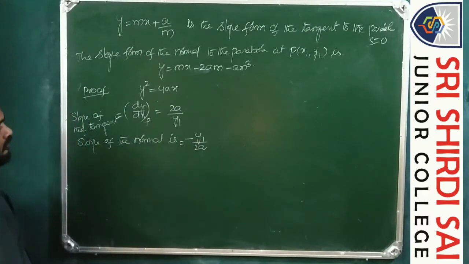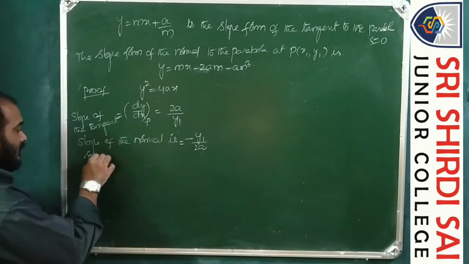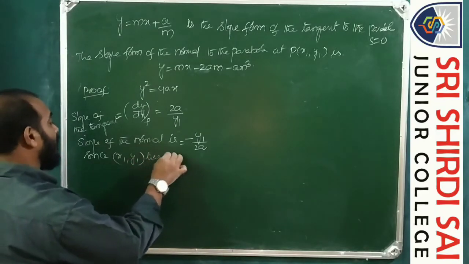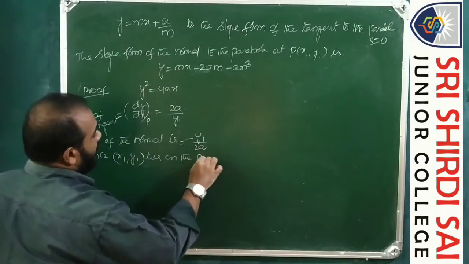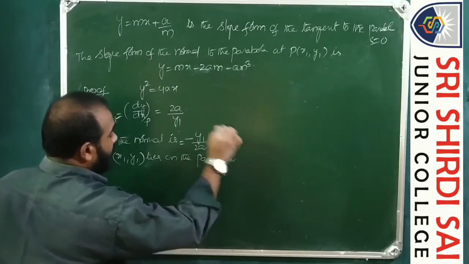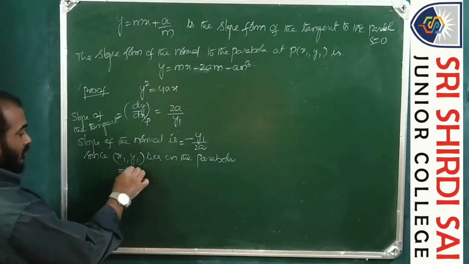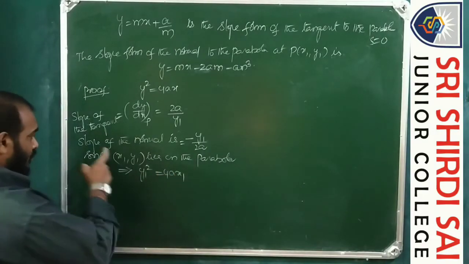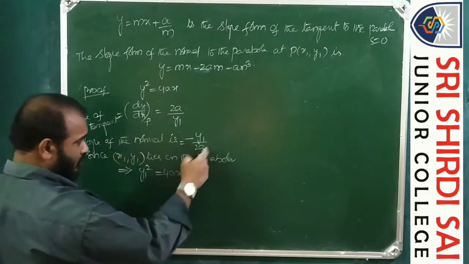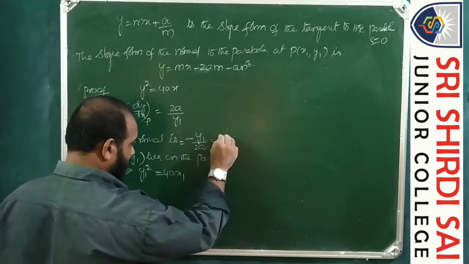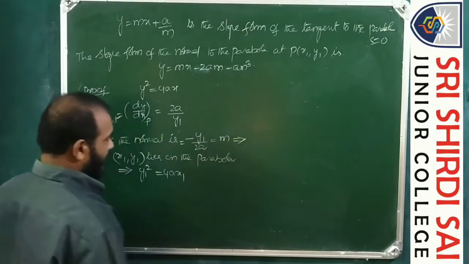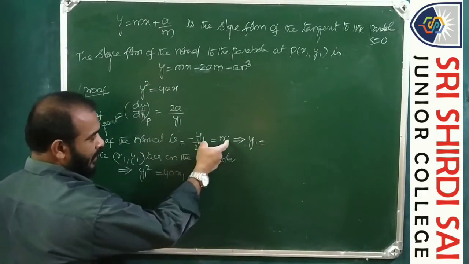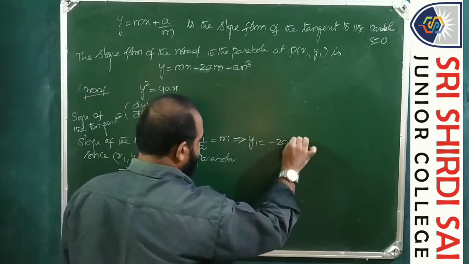So now, since (x1, y1) lies on the parabola, then y1 square equals 4ax1. So the slope of the normal, minus y1 by 2a, is equal to how much? m. So from this, y1 equals minus 2am.